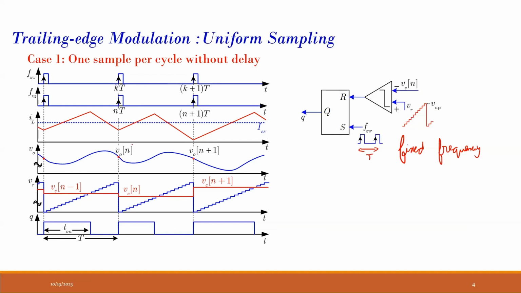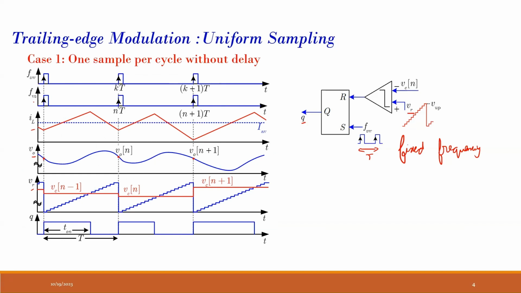All right. Let us consider, this is my switching clock, this is my sampling clock. This is my output voltage graph, and this is my inductor current trace. And this is the counter ramp signal over here, and this is my output Q. The output voltage is in the analog domain, as in the actual setup it will be.